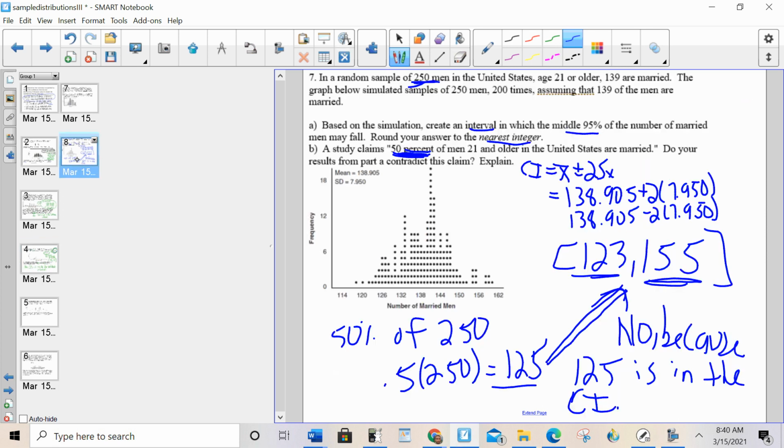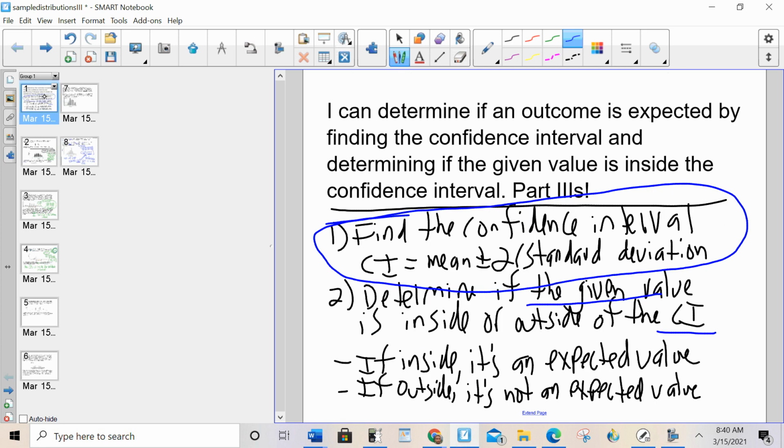Or you might have to do something here where it said 50%, so you had to find 50% of 250 to get that. So you might have to do something in order to come up with that value, or you might not. Either way, once you have that value, you're going to see if it's inside or outside. If it's inside, it's an expected value. We're going to expect that happens. If it's outside, it's not an expected value.